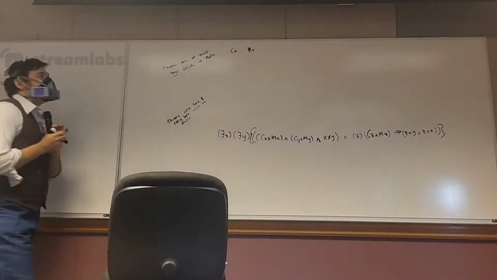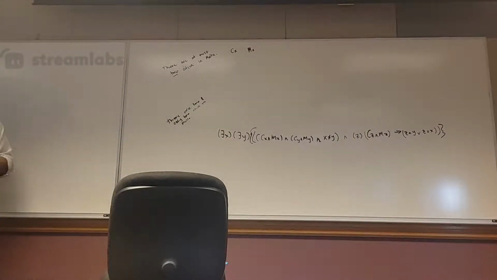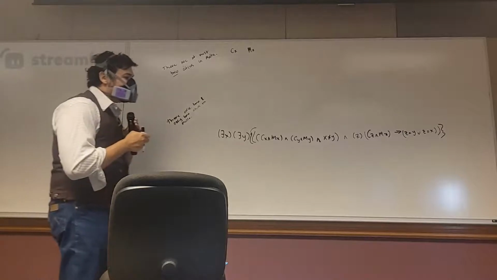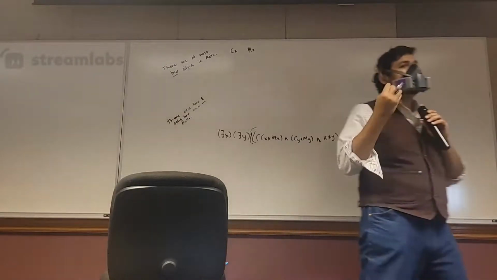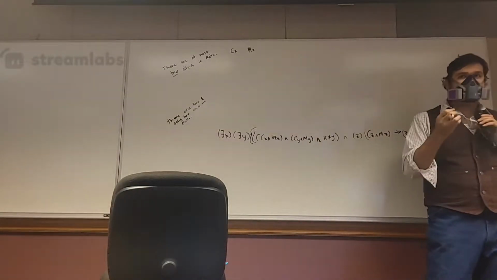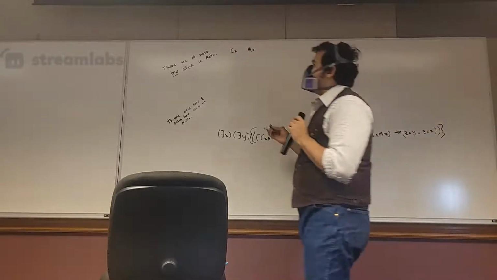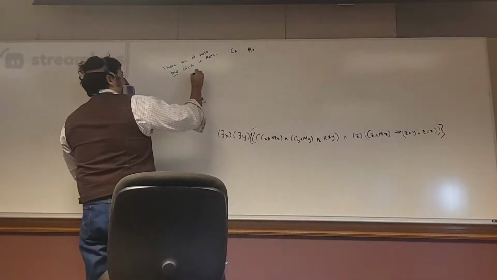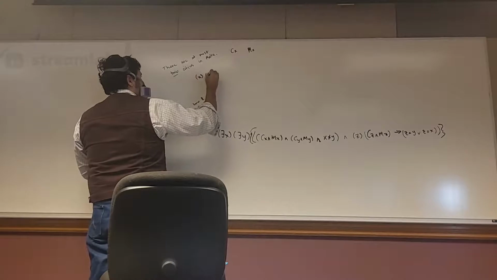All right, let's look at: there are at most 2 cities in Malta. Again, the difference here is that when I say there are at most, that doesn't mean I'm committed to saying there's even one of them. So there are at most 2 cities in Malta. I'll tell you right off the bat, we're going to have universals.